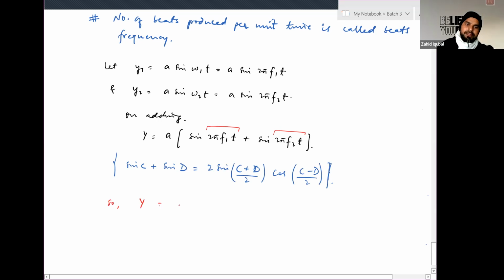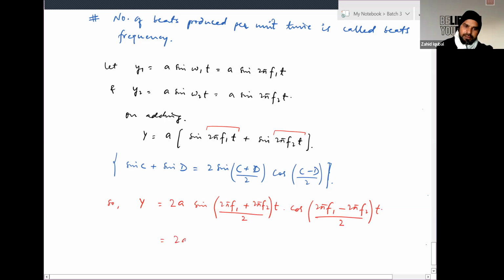You will get a times 2, that is 2a, sine of (2 pi f1 plus 2 pi f2) divided by 2 into t, cos of (2 pi f1 minus 2 pi f2) multiplied by t divided by 2.